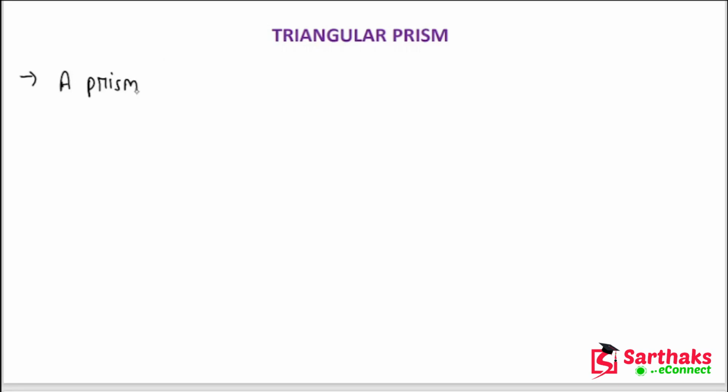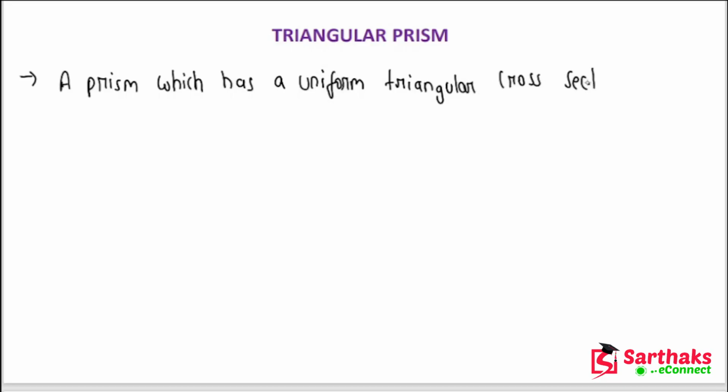On the basis of the base, I can define it: a prism which has a uniform triangular cross section is called a triangular prism.